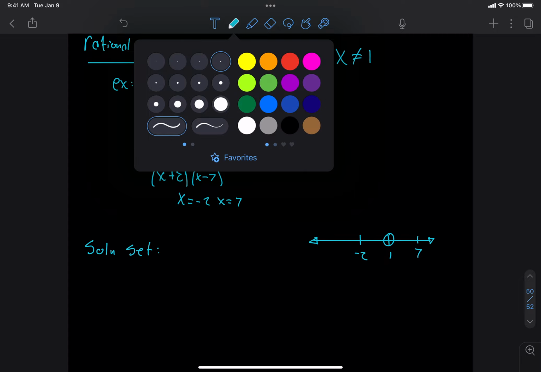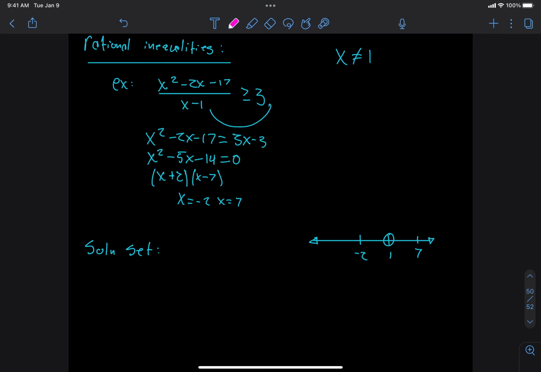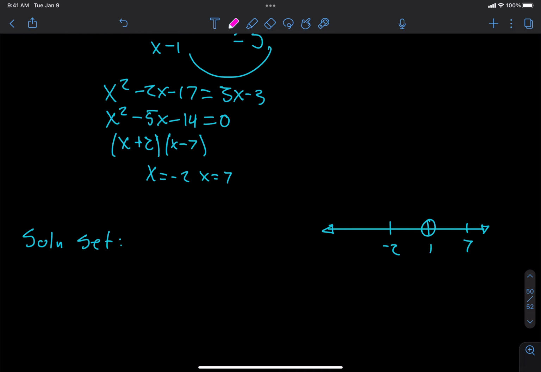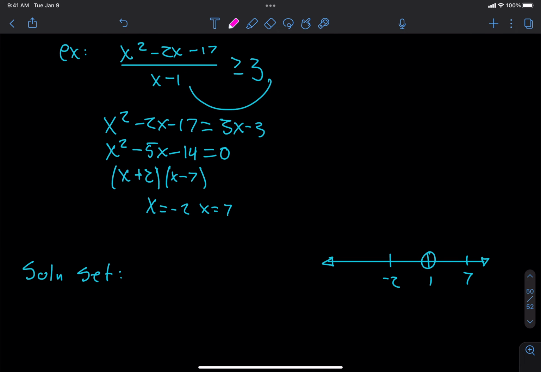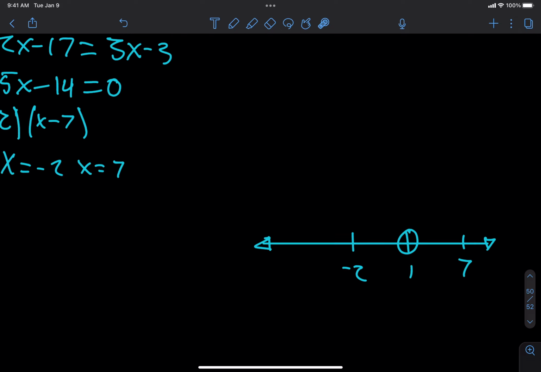The only thing that's a little bit different about our subintervals for this inequality is we're going to have 4 subintervals, because we have the 2 points where we achieve equality, and we also have the 1 point at which the rational expression is not defined. And typically we're going to see a sign change at that point in the rational expression.